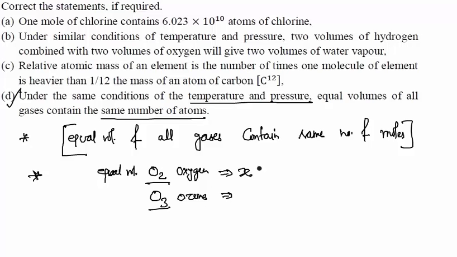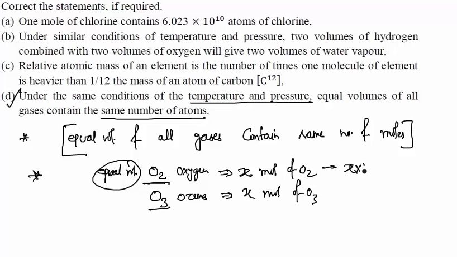Let's suppose it is x moles. So we have x moles of O2 and x moles of O3. That means x into Avogadro number, Na, molecules of O2, and x into Na molecules of O3.